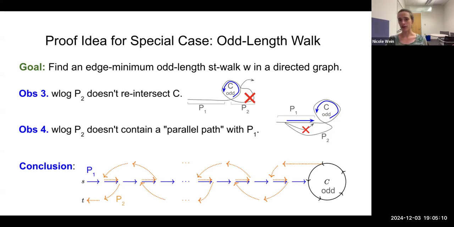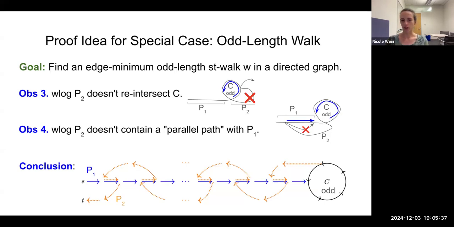Either it's a simple path, or it must look something like this, where P1 is this solid path here, C is this odd cycle here, and P2 is this dotted path, which could intersect back with P1. It couldn't intersect back with the odd cycle because of observation 3, but it could intersect back with P1, but only in a specific way.